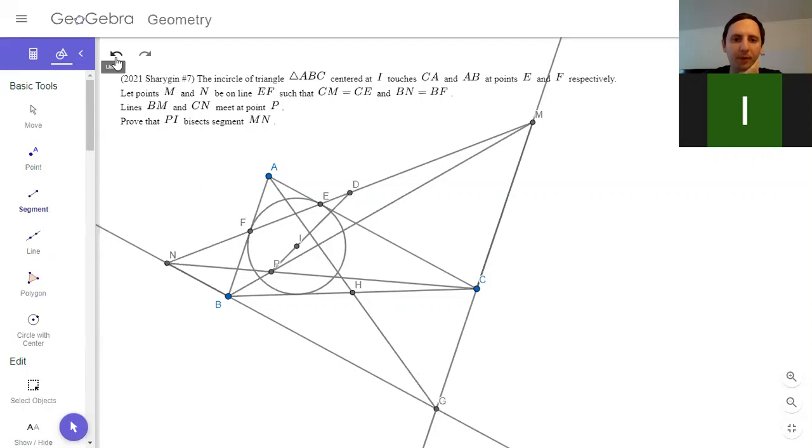That would solve the problem. Maybe there's some cyclic quad or something. I don't know. Yeah, this is a cool one. I like this.